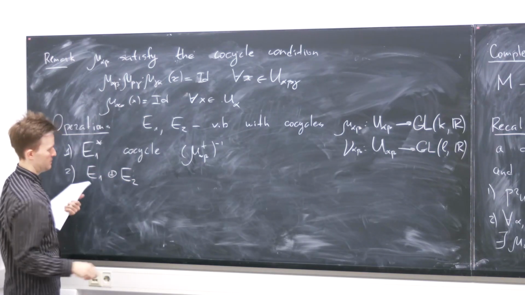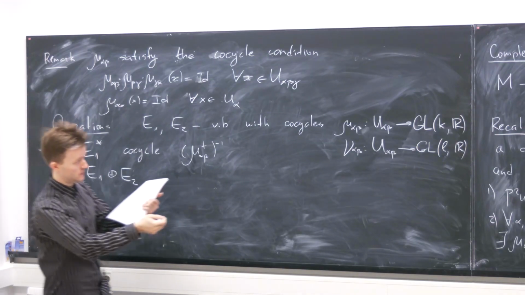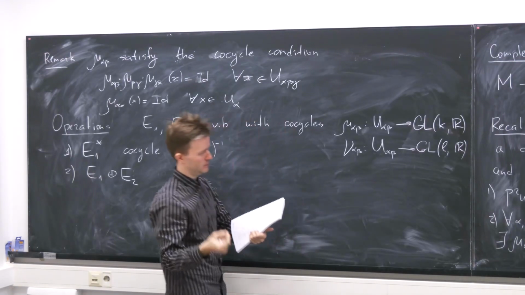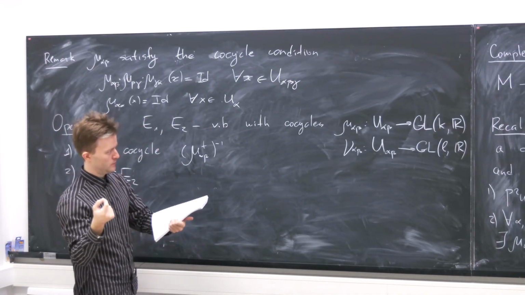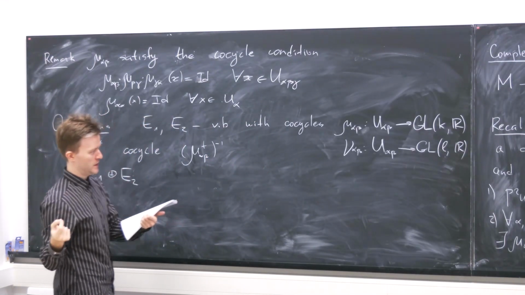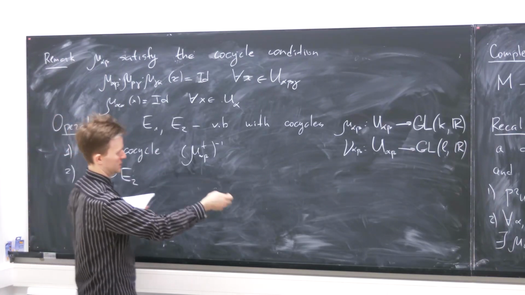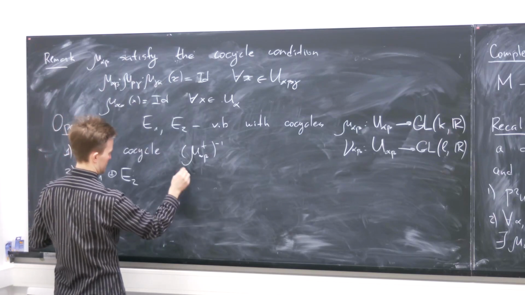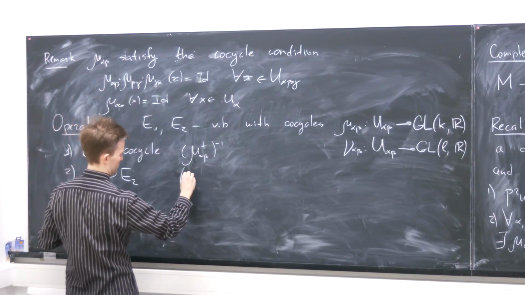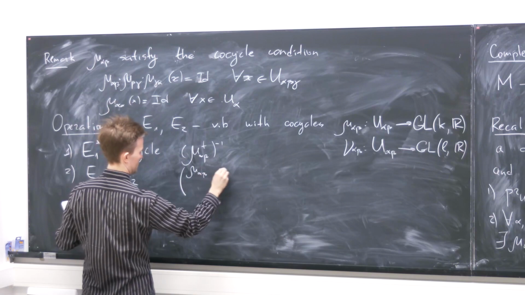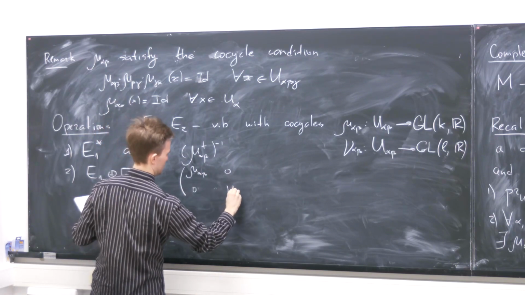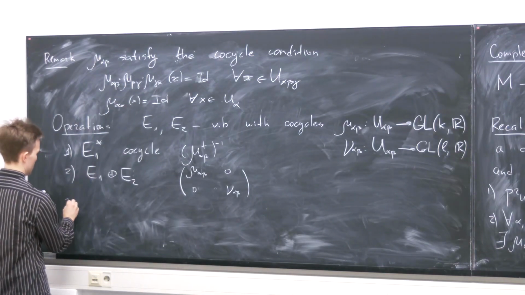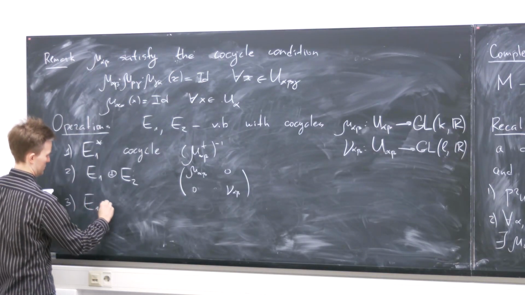For the direct sum, we take these two co-cycles. So at every point in U alpha beta, we have two matrices. And then we form a diagonal matrix with this mu and nu on the diagonal. So we have here the co-cycle of the following form: mu alpha beta, 0, 0, and nu alpha beta. Okay, so we can form the tensor product.